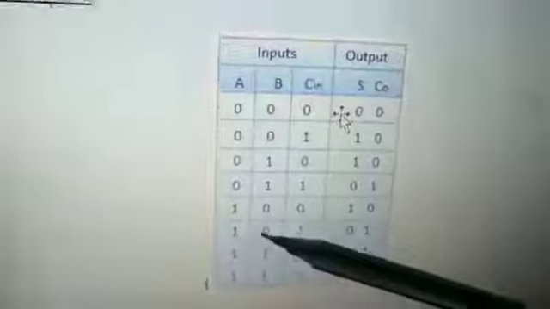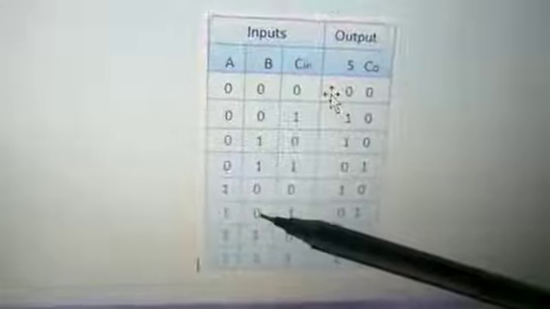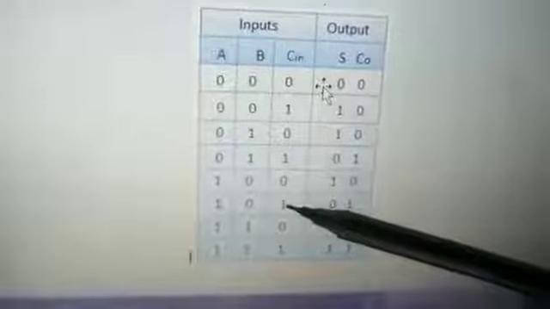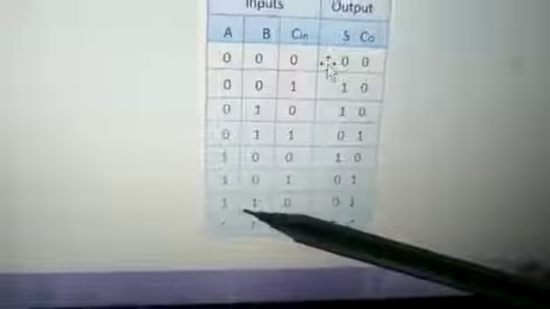Next, 1 plus 0 is 1, and again with carry, 1 plus 1 is 0 and carry is 1. So the carry is written here as 1. And 1 plus 1, sum is 0, but 0 plus 1, the answer is 1, and for 1 plus 1 the carry is 1. So I am writing the carry over here.